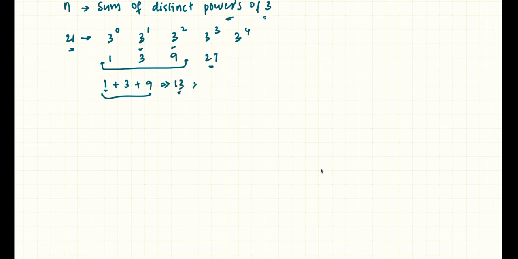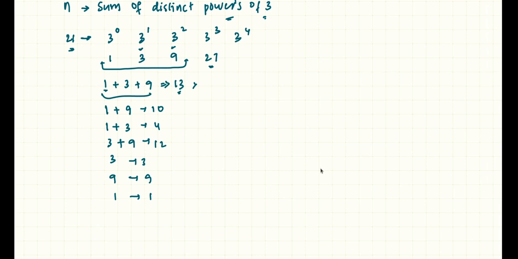So we cannot form it. The other possibilities are that we cannot include 1 at all, so it would be 3 plus 9, or we only include 3, or only include 9, or only include 1. The sums are 12, 3, 9 and 1. Any of these summations is not equal to 21, so 21 cannot be formed by a sum of distinct powers of 3.